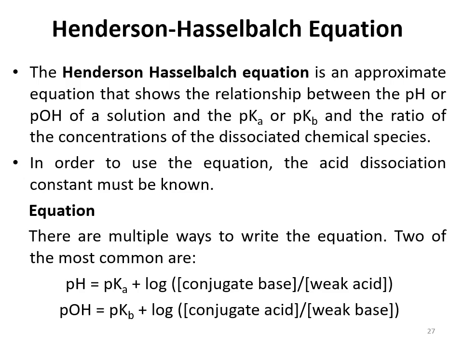It is an approximate equation that shows the relationship between the pH or pOH of a solution and the pKa or pKb and the ratio of concentrations of the dissociated chemical species. In order to use the equation, the acid dissociation constant must be known or assumed. So what is the equation?